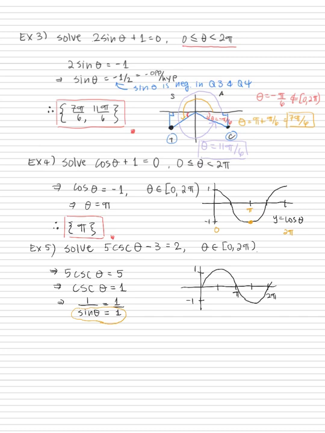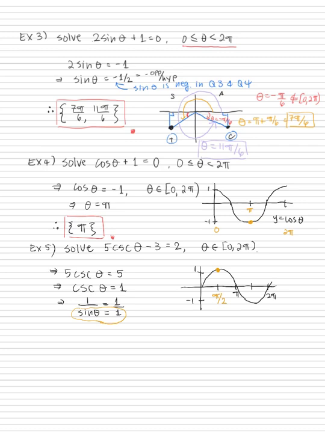So sine of theta equals 1 will be right here. And our angle theta must be pi over 2. So our theta is going to be pi over 2, and we're done with the problem.